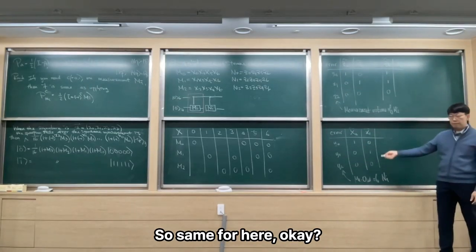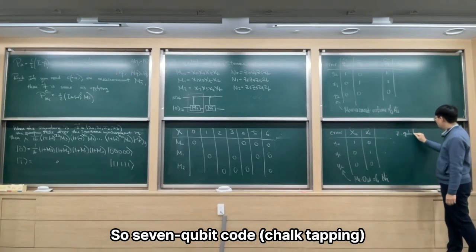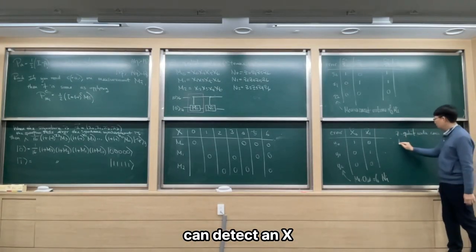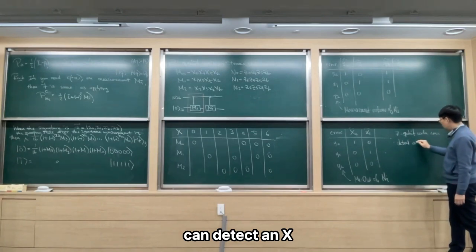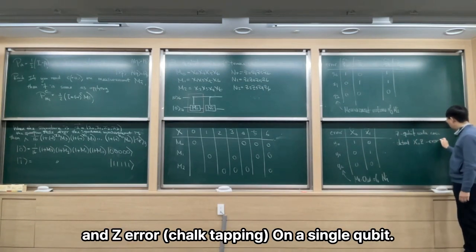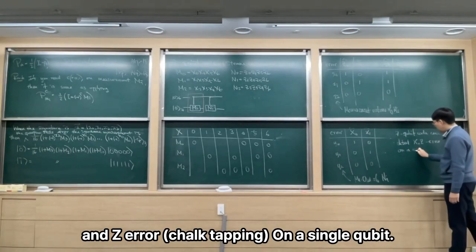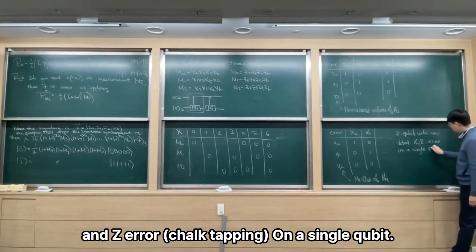So same for here. Okay, so the 7-qubit code can detect an X and Z error on a single qubit.